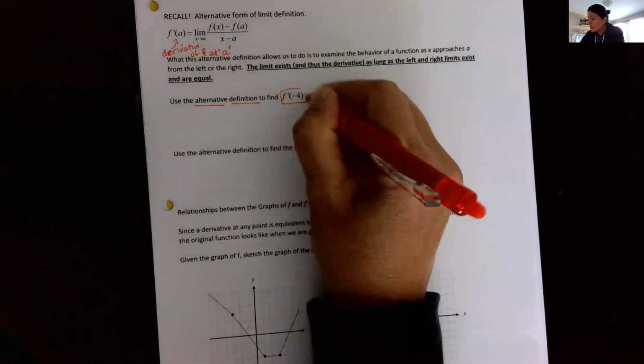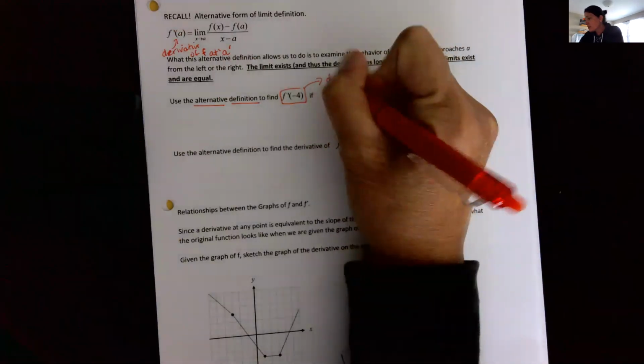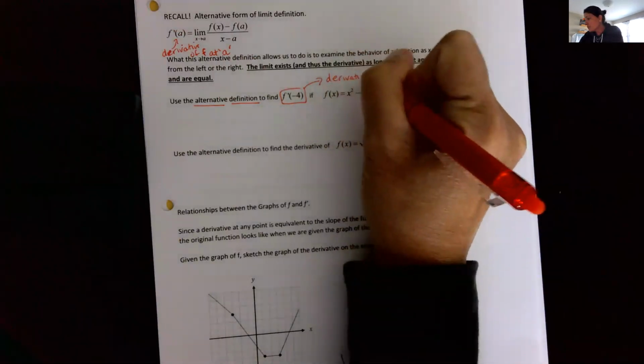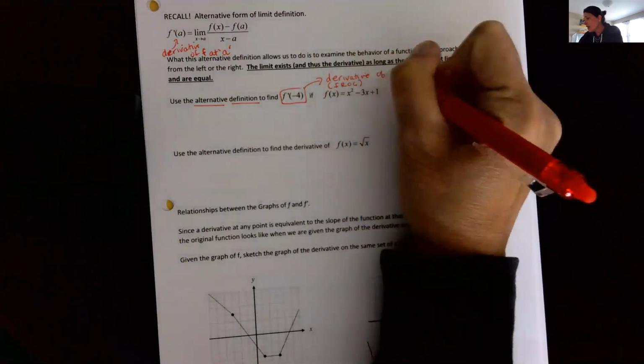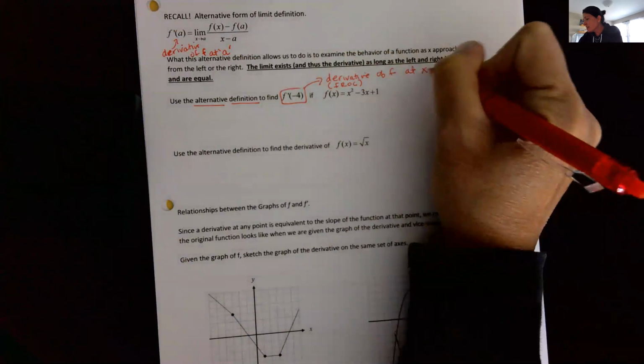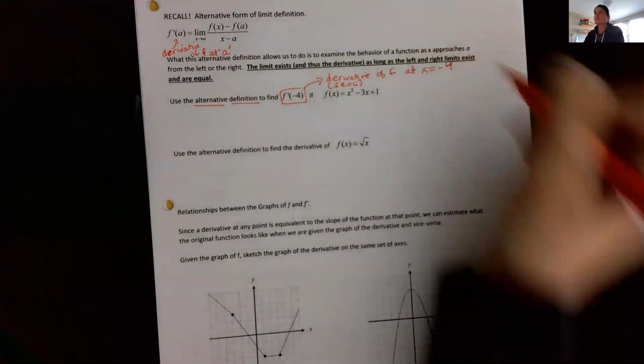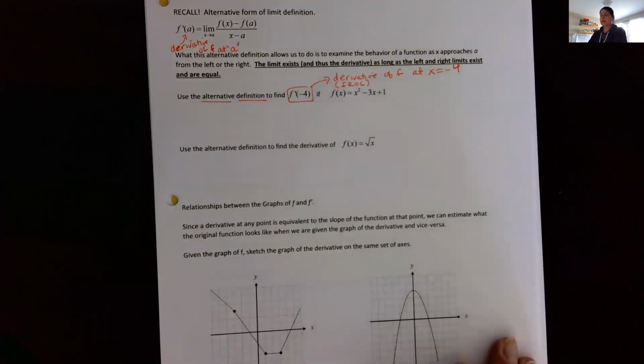Let's also go over quickly what this says. Derivative or instantaneous rate of change of f at x equals -4. Okay. All right, so let's get to it.